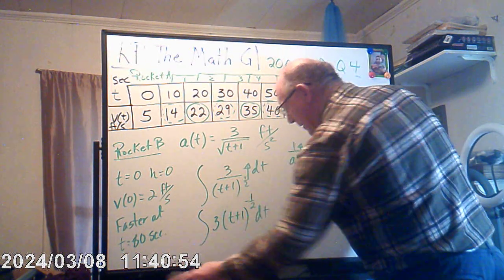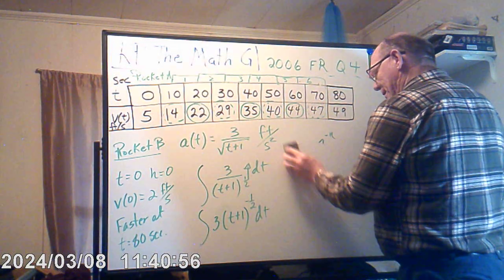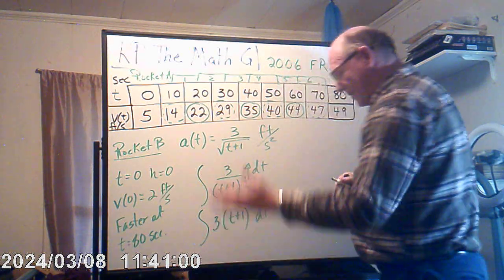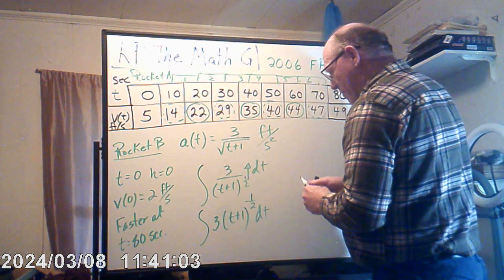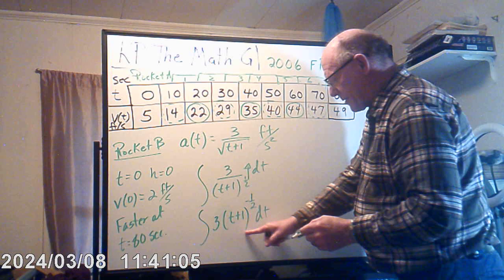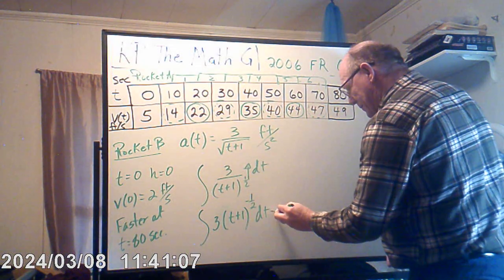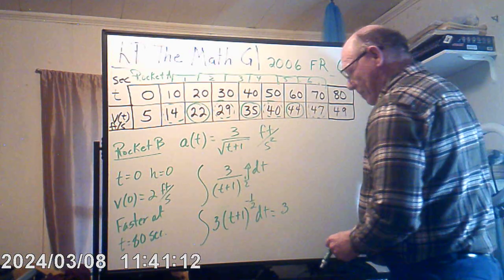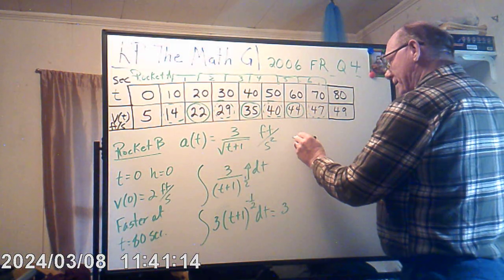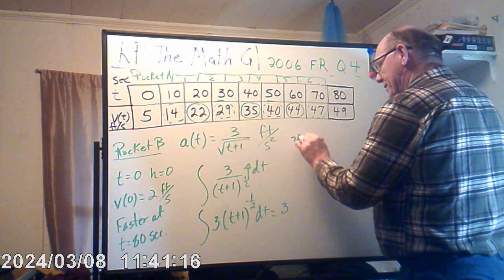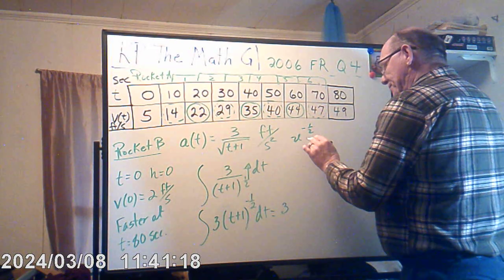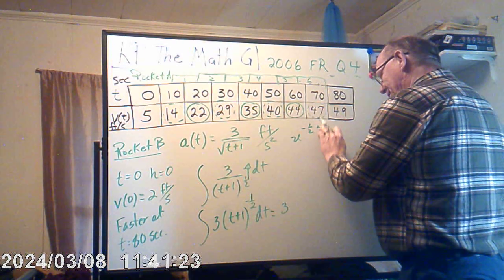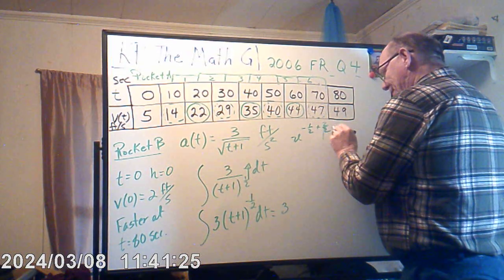Now, I mean, I could let u be T plus 1, but du is equal to dt, so there's no real point in that. So this is actually going to be equal to 3. Remember now, if you say it's u to the negative 1/2, when you add 1 to that, that's going to be 2 halves.